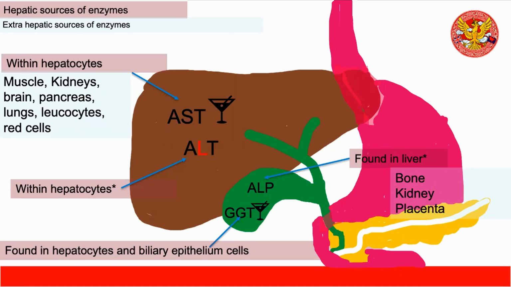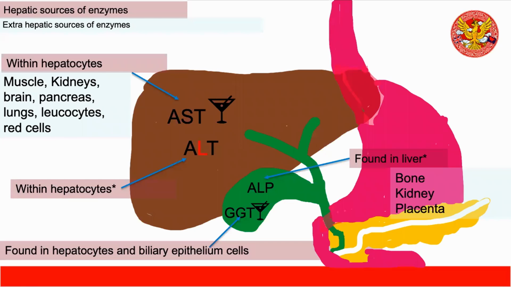ALT is more specific to the liver than AST, and I remembered that by thinking ALT, low in other tissues, which obviously it doesn't stand for, but that's what helped me remember. AST has a few extrahepatic sources of enzymes, which I've listed in the blue box. You also have GGT and ALP, which are found in the liver too, but these are markers of impaired bile flow. ALP in particular has quite a few extrahepatic sources, for example, in the bones, the kidney and the placenta.